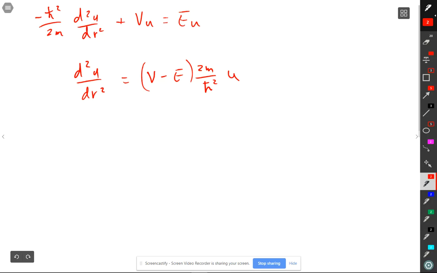Like that. So I subtracted the u from both sides, and then I divided by minus h bar squared over 2m.